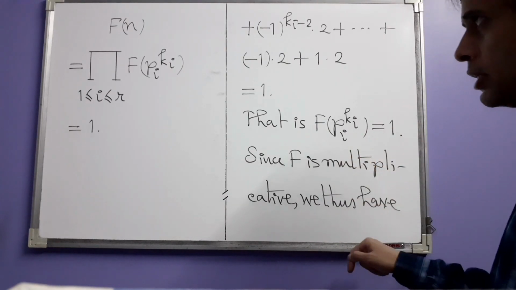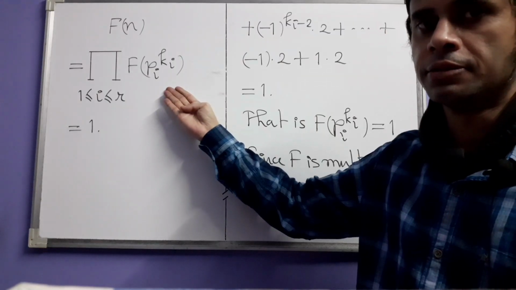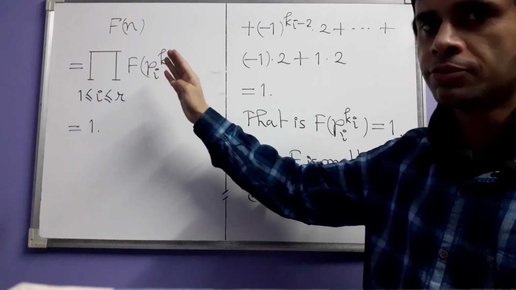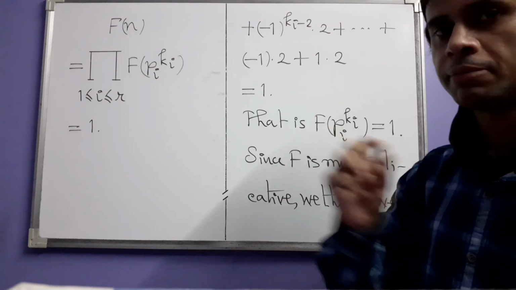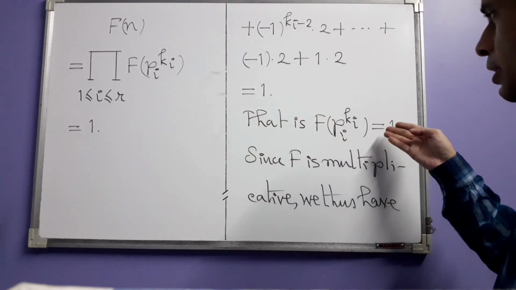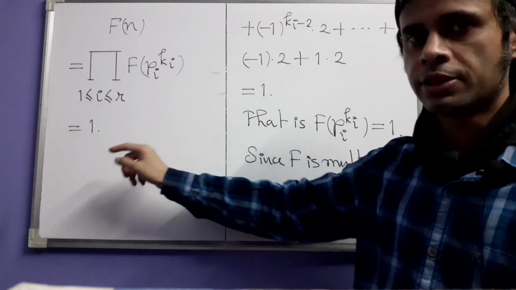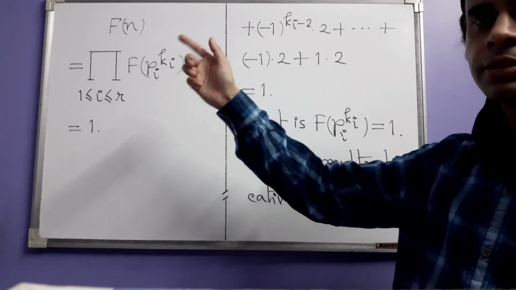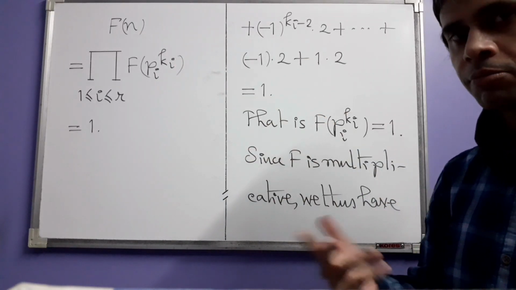Because f is multiplicative, we can write f of n as a product like this. The product of f of pi to the power ki, the f values of all the prime powers in the prime factorization of n. And just now we have shown that each one of them is 1, so the product is also equal to 1. So that's how in this case also, where n is greater than 1, we have proved that f of n is 1, and that completes the solution.